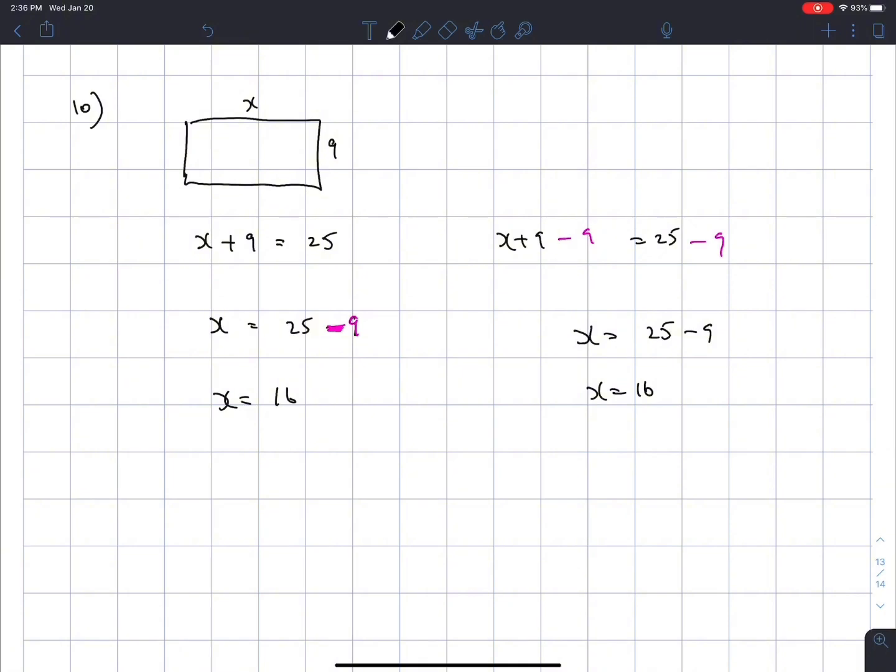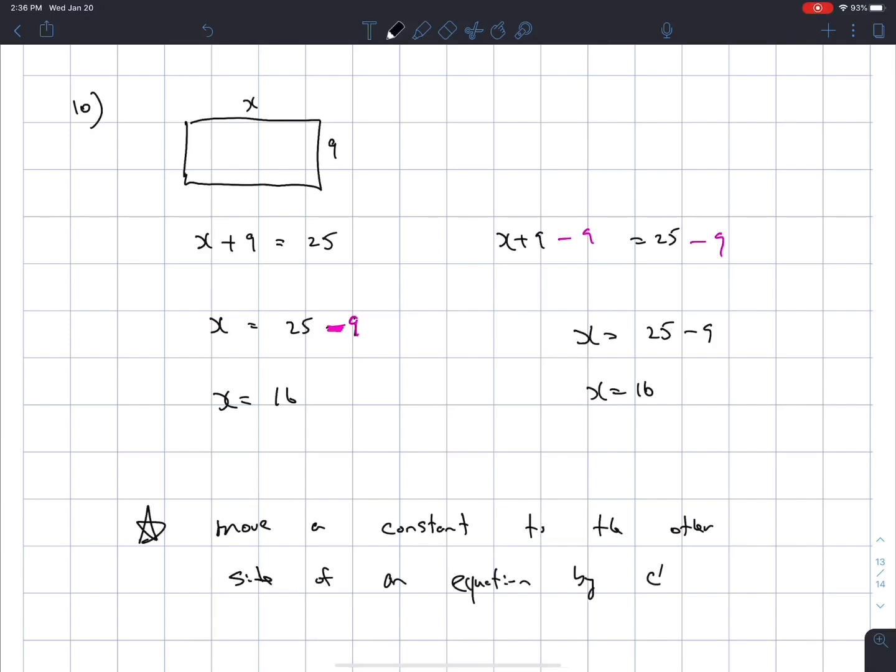So from now on, I want you to skip that step. You can think of just moving the numbers to the other side and the sign changes. So move a constant, the number has a special name, it's called constant, to the other side of an equation by just changing the sign.